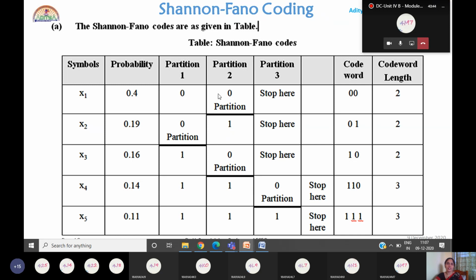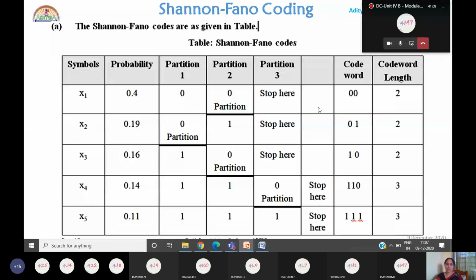Next, if you observe the x1 subset, only 1 element, so you can stop the partition. And for x2 subset, only 1 element. And for x3, only 1 element. So alane x4, x5, but it has 2 elements, x4, x5 group ayi unnai. So dani malli partition cheyali. Please partition x4, x5 and assign 0 to the x4 and 1 to the x5.